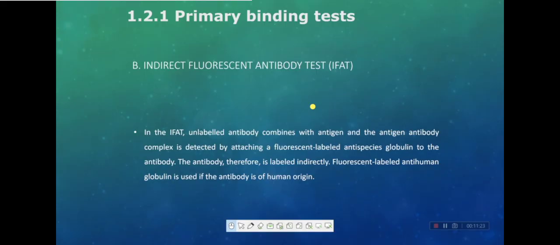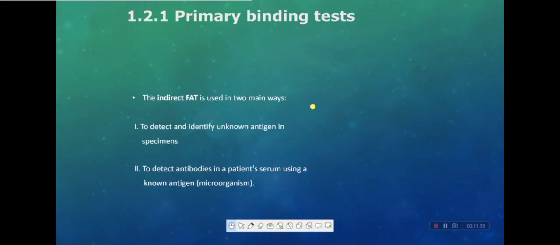Instead, it is attached to a fluorescent labeled anti-species globulin, right? So fluorescent labeled anti-human globulin is used if the antibody is of human origin. Now it is used in two ways: to detect and identify unknown antigen in the specimen, and to detect antibodies in a patient serum using a known antigen or microorganism, right?